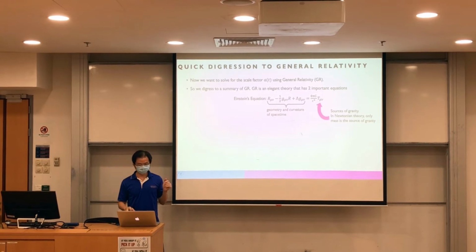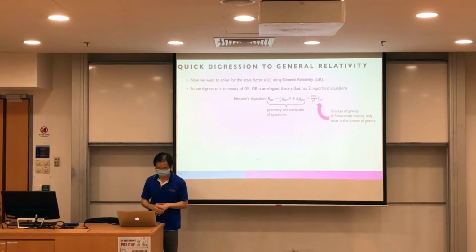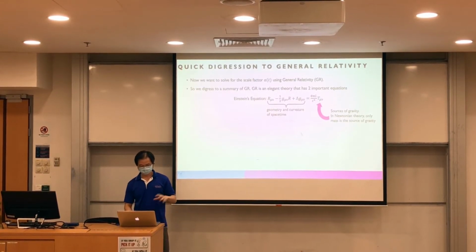But Einstein realized that it's not just mass that is the source of gravity. It turns out that you actually have 10 things here. Mass is just one of them. So a variety of sources of gravity.